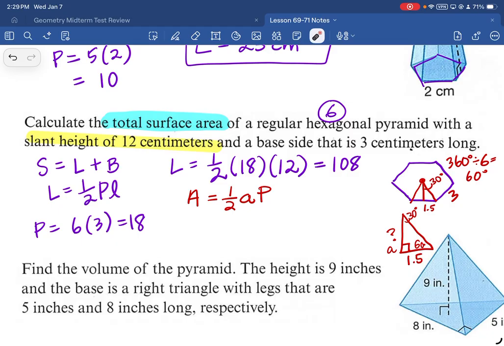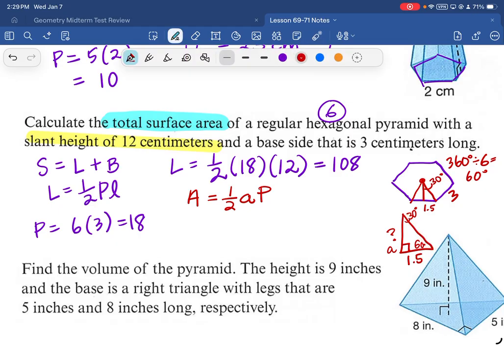If you were to find the hypotenuse, you'd be correct. 1.5 times 2 will tell me this side right here. It's x root 3. So I'm going to write down 1.5 root 3. That's my apothem.